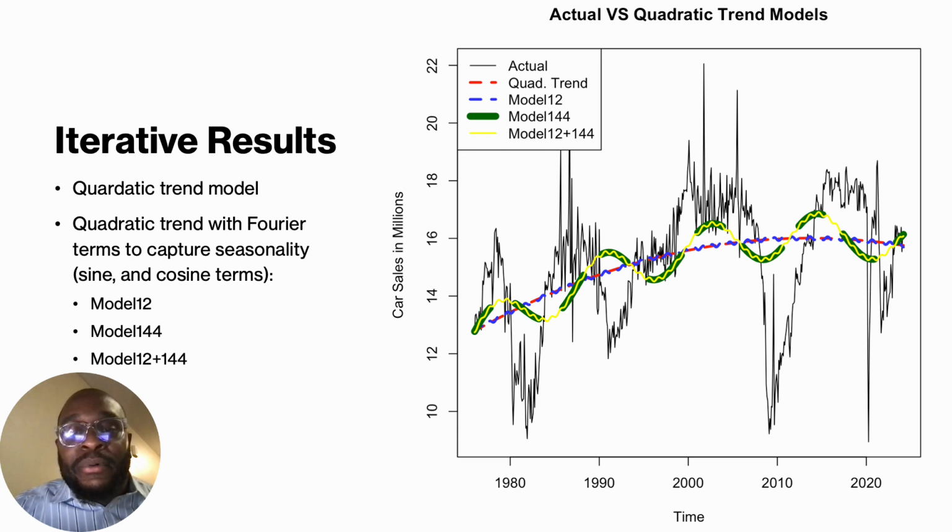But we ran models with different t values, and it turns out that a t value of 144, that's 12 years, was optimal. So it showed that our data had some form of economic seasonality every 12 years, which we're able to capture with the model 144.